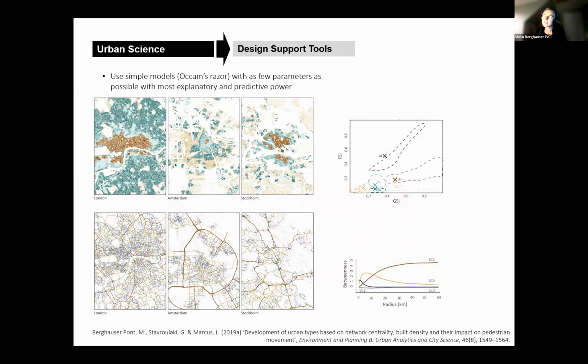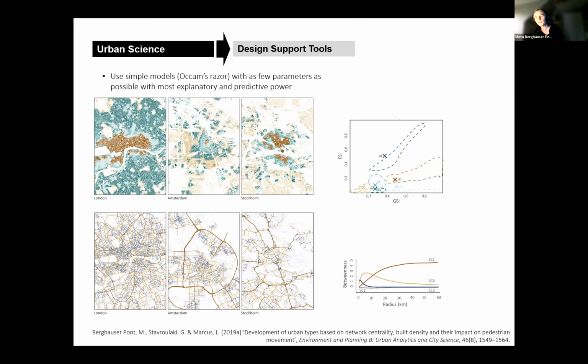We wanted to make the models even simpler and even more directly talking to urban designers. So we went back to the types, both the density types, and for the streets, we also developed a typology based actually on the centrality measures. And you could say that we have identified street types that have a very high centrality on the local scale, but then they drop on the higher scales and vice versa.